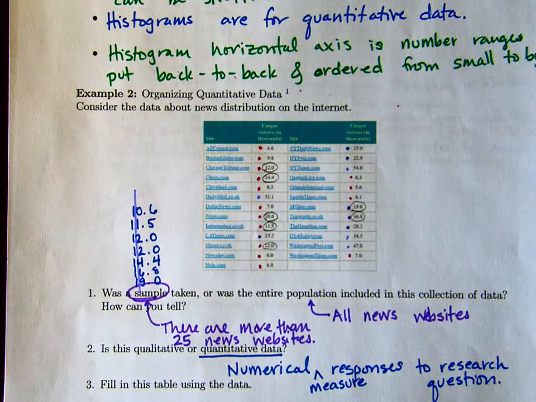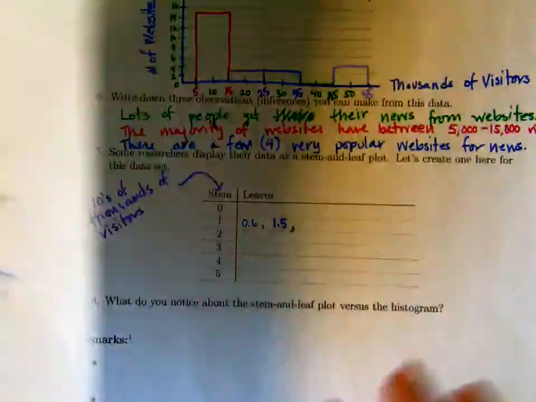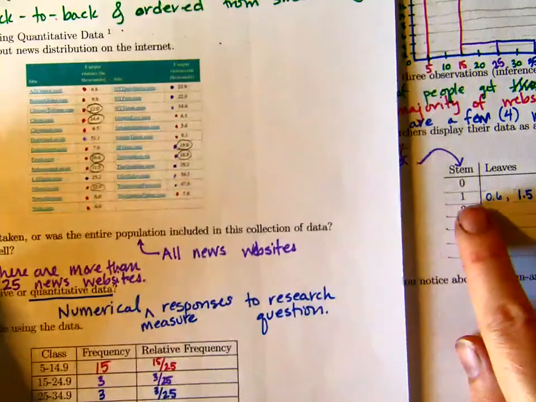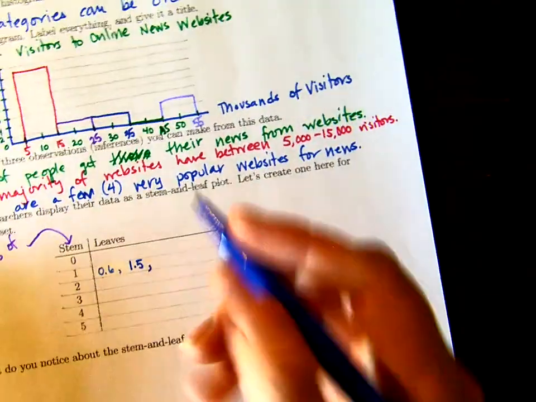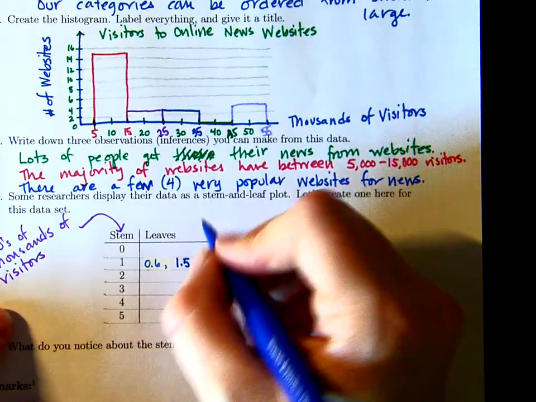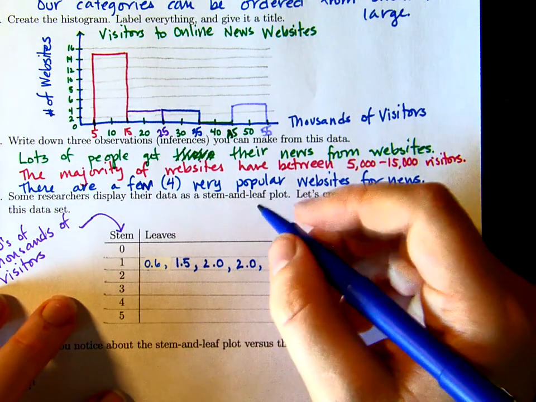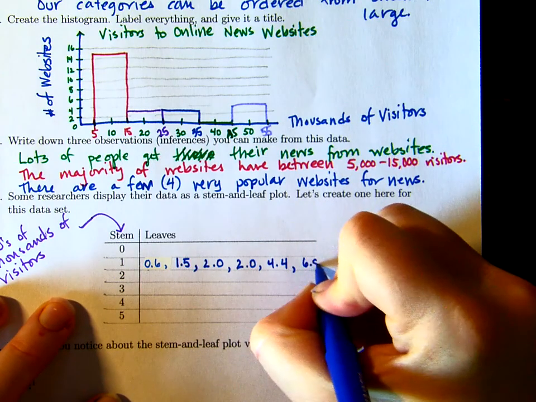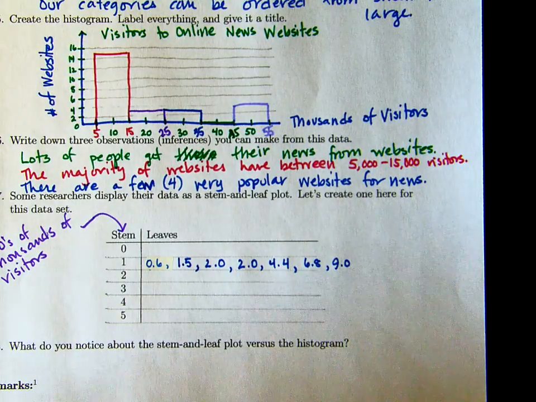And if you just glue them together, you get the whole numerical value. So I'm just taking this and listing them as 1 was their stem, and all of these are the leaves. Okay, so I'm going to jot these down. There was a 2.0, there was a 2.0, there was a 4.4, there was a 6.8, and there was a 9. Got it.